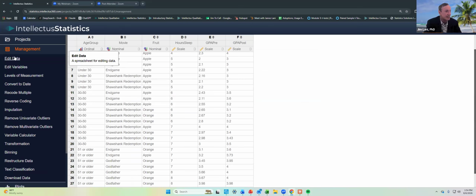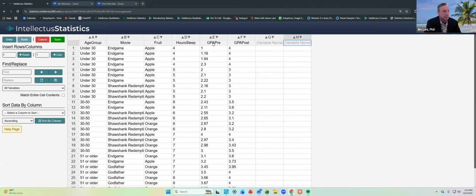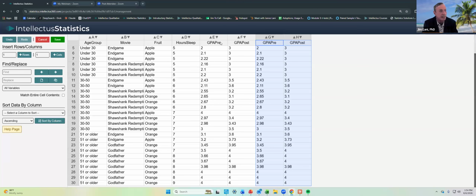So let's just say I have this. Attitude one pre, attitude two pre, and then attitude one post, attitude two post, and you could have as many attitudes as you want. I think we go up to five, maybe eight. You get the idea.